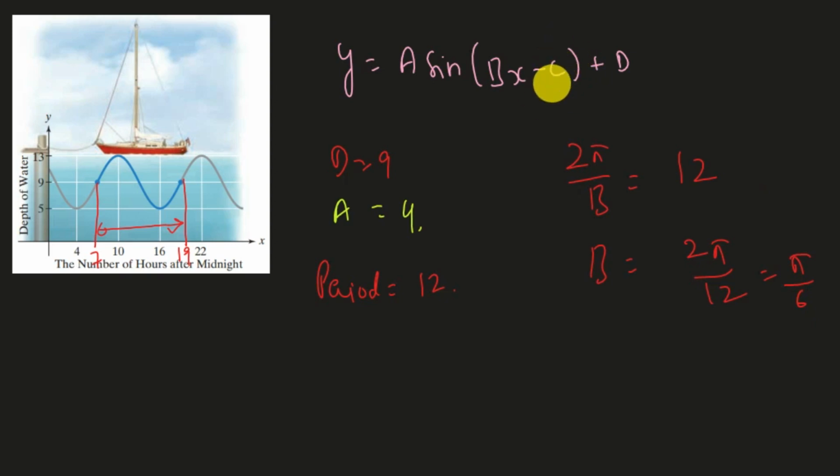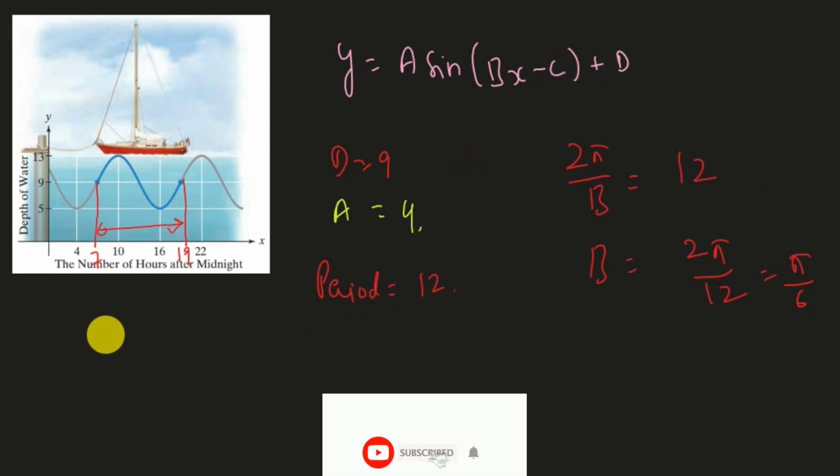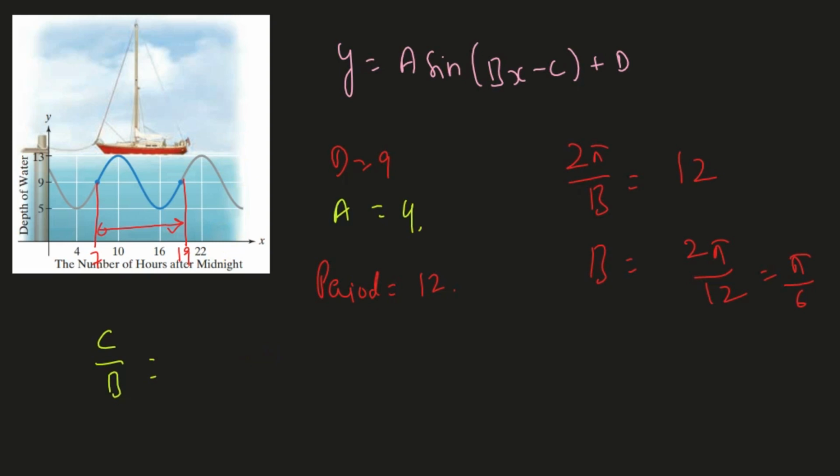Now what would be the value of c? We know that C by B is the phase shift, which we can see from the graph. Here the phase shift is 7. So C by B is 7, and B we already calculated to be pi by 6.